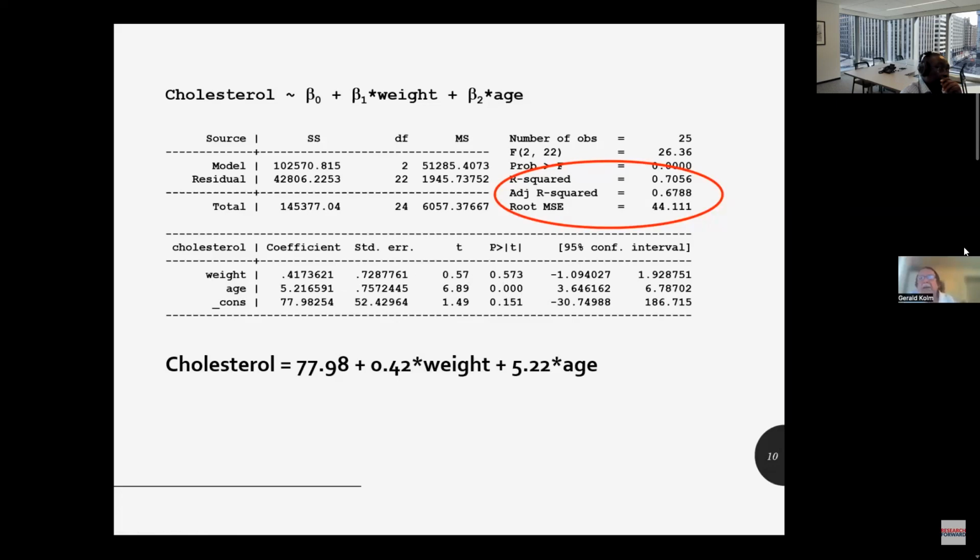But because the R squared hardly changed at all and our regression coefficient was not statistically significant, we can go with the simpler model of cholesterol as being a function of age.